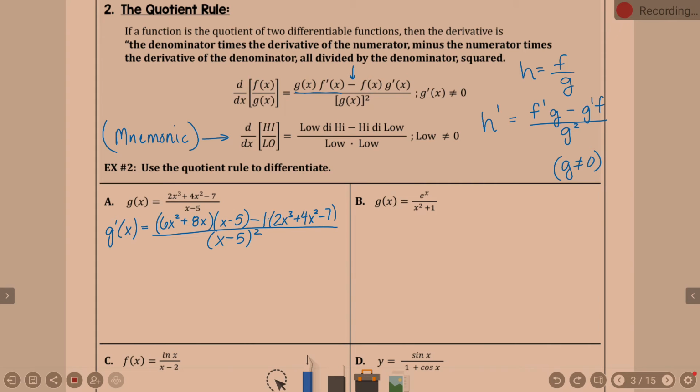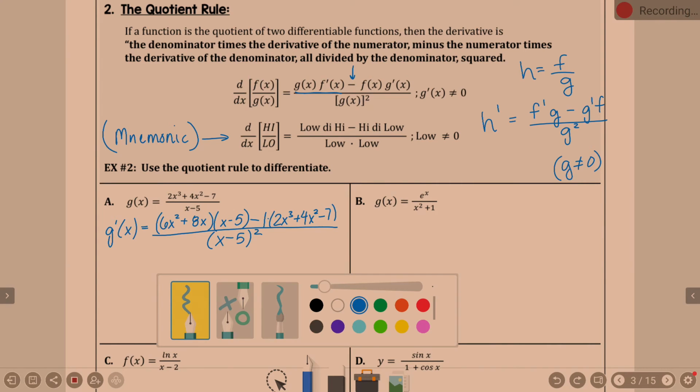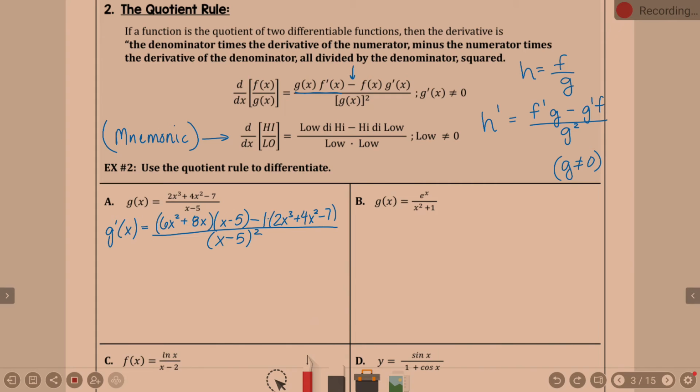Can I cancel those x minus 5s? Yes. Okay, that's good. You should be saying no. Okay? We should be saying no. And I want to make a point of it because even as calc students, I want to remind you guys.